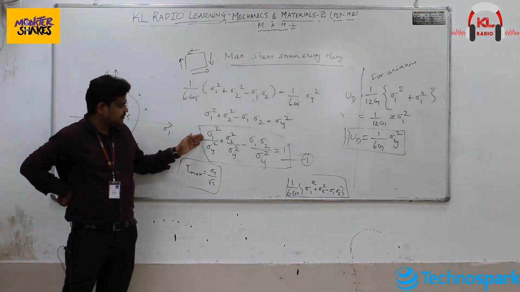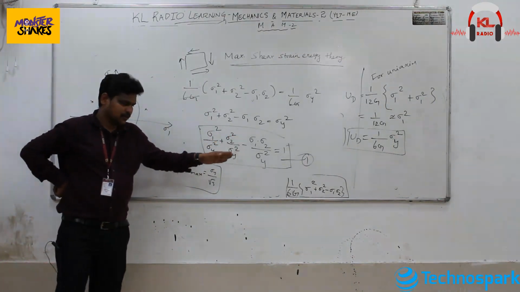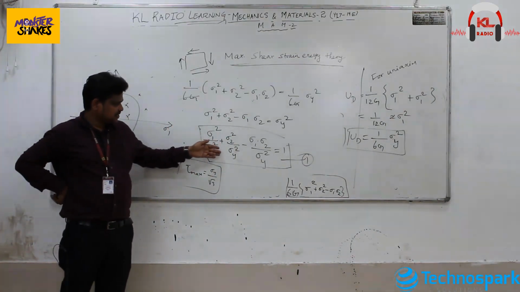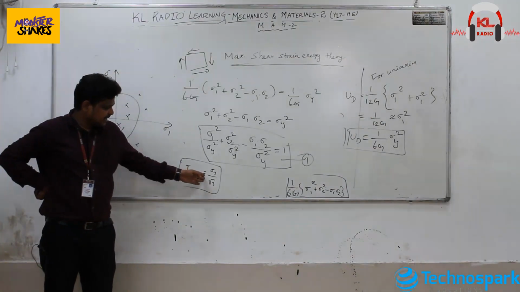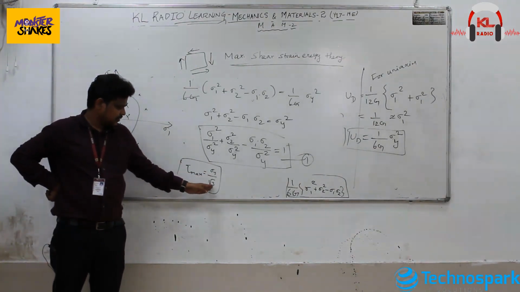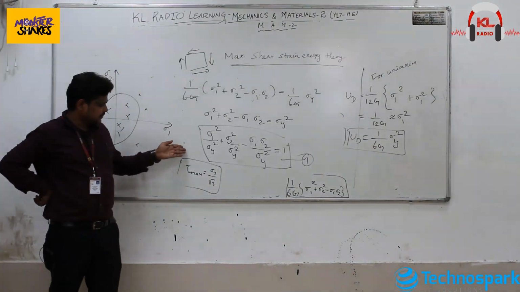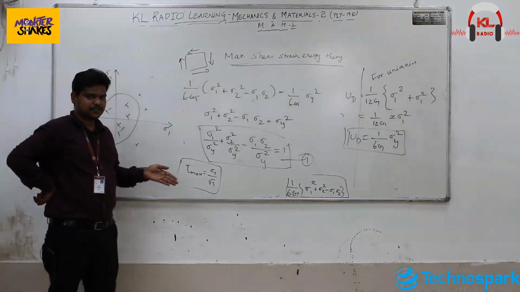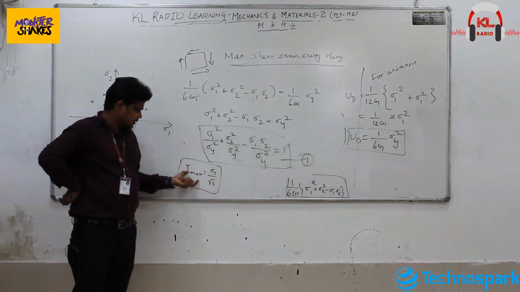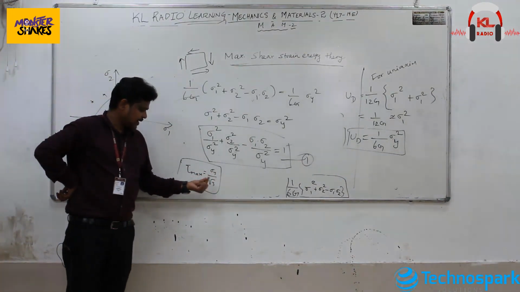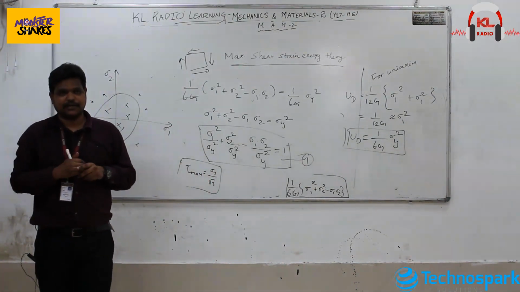Substituting those values here, the maximum shear will be equal to sigma y by root 3. And this is what we accurately get in the experiment. When you do the experiment, the maximum shear stress is equal to the yield divided by square root of 3.